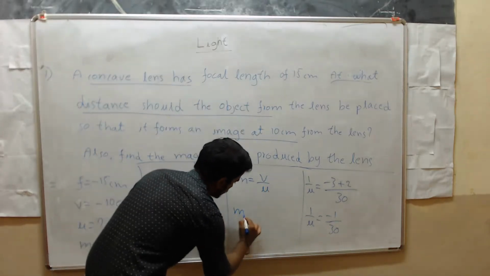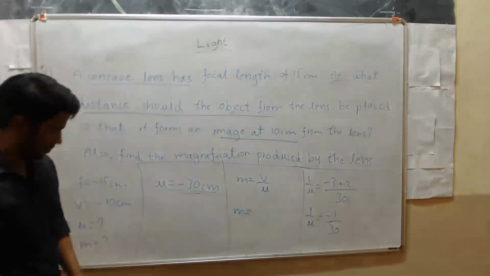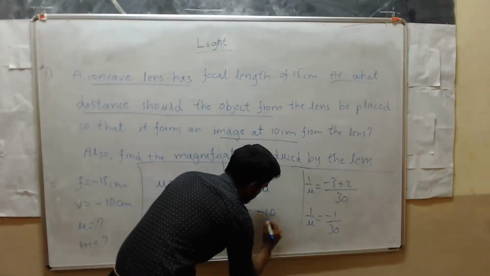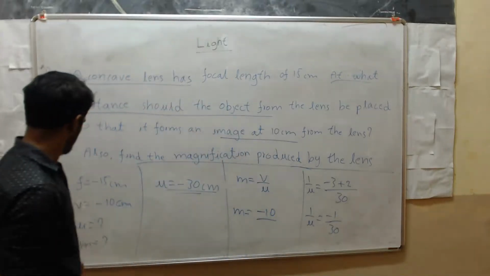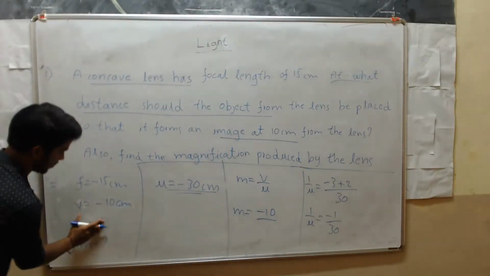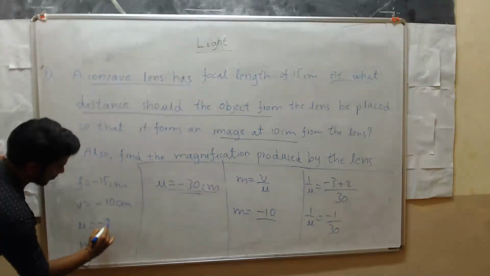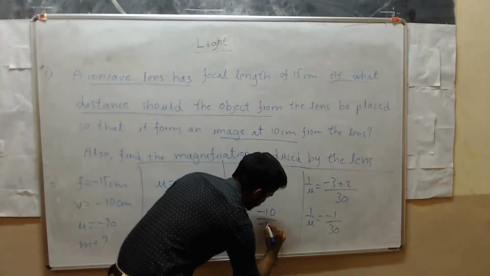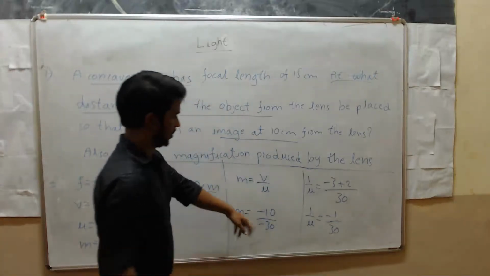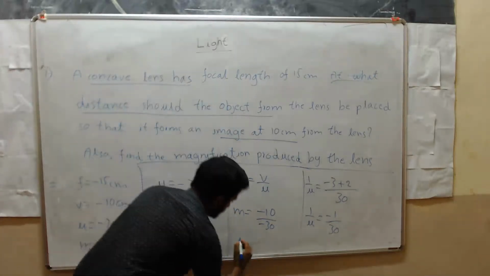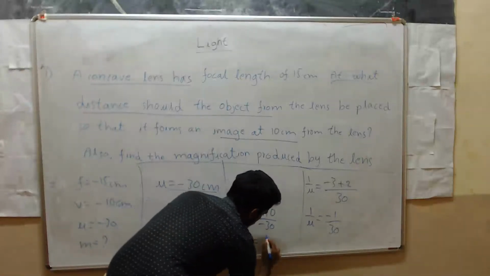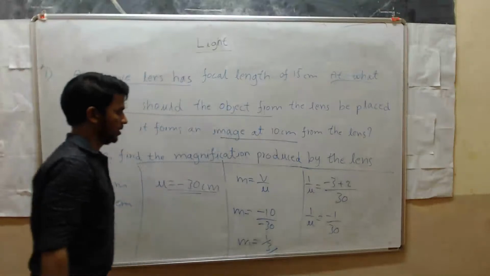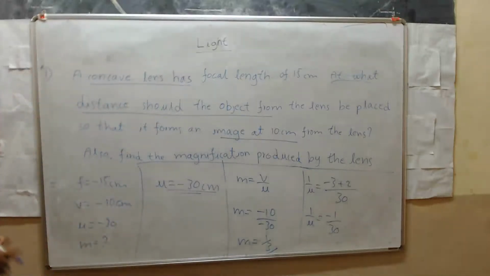So what is v value? v value is minus 10 and u value here we got minus 30, right? Minus 30. So minus will cancel, then magnification m equal to 1 by 3.